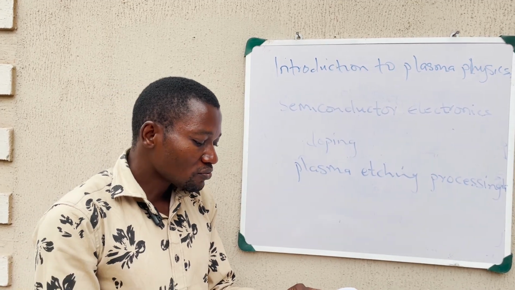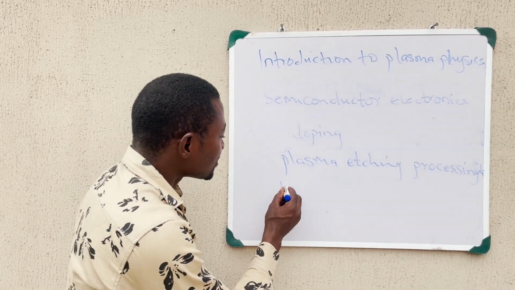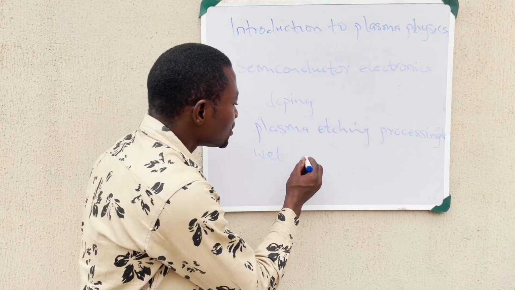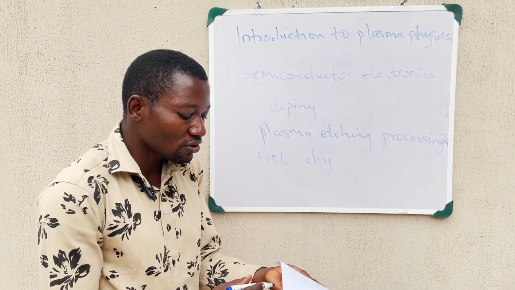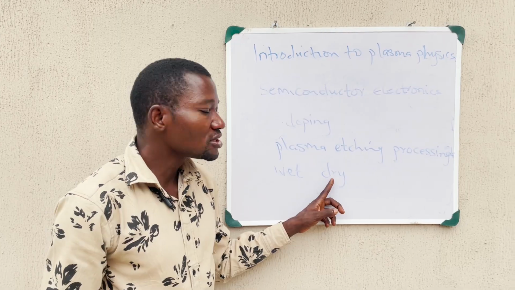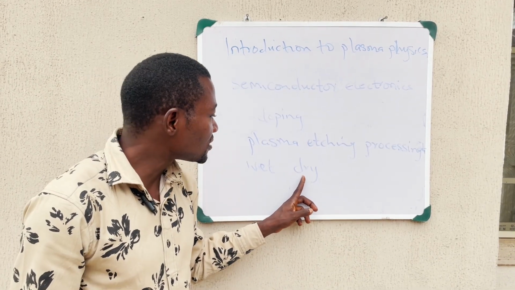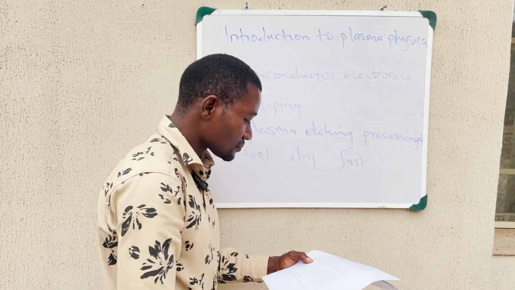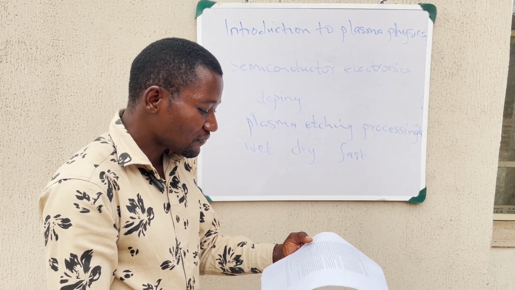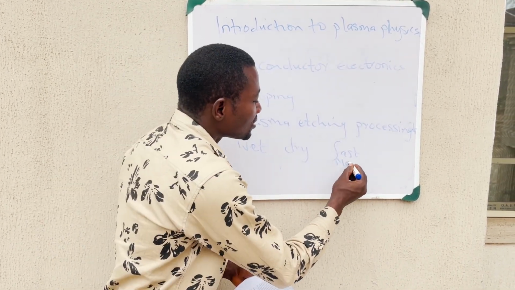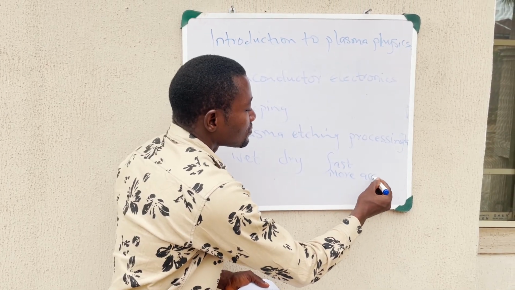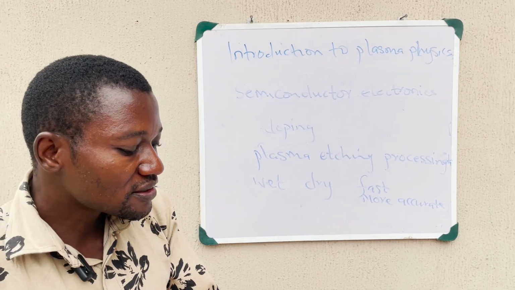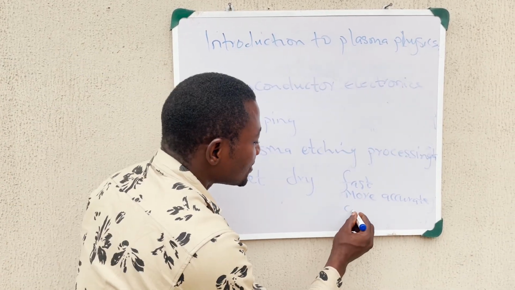Before now, we made use of a wet process, a chemical process, in our etching, but through the use of plasma, we now talk about the dry process. And the dry process here, using plasma, is very fast, more accurate when you are doing the etching, and it can be done in a desired direction.